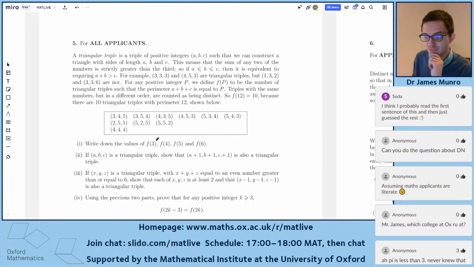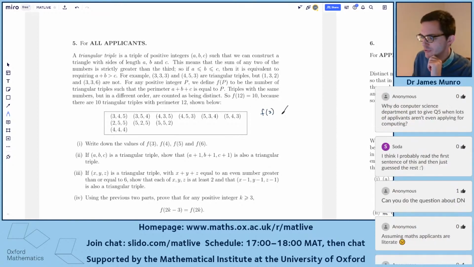So to work out these values at the start, we need to try and find all the possible triangles. For f of 3, we've got a perimeter of 3 to work with, and positive integers are going to start at 1, so I guess this is the 1, 1, 1 triangle. So that's 1. There's only one possibility. For f of 4, I guess I could have 4 is equal to 2 plus 1 plus 1.